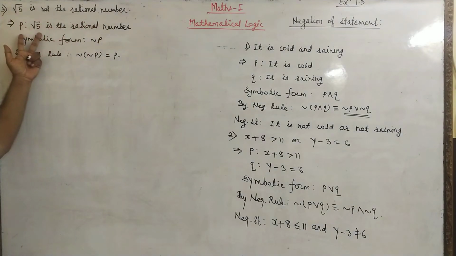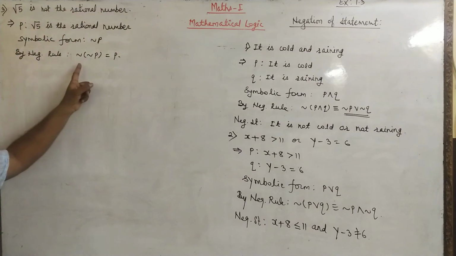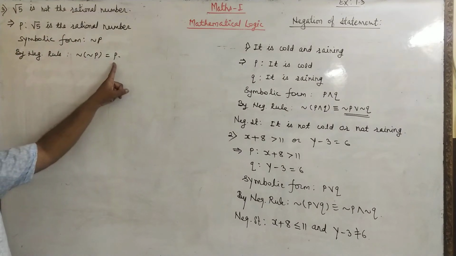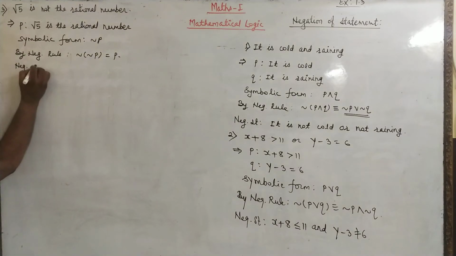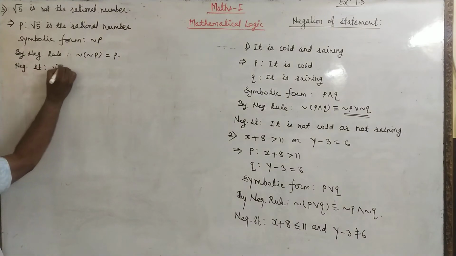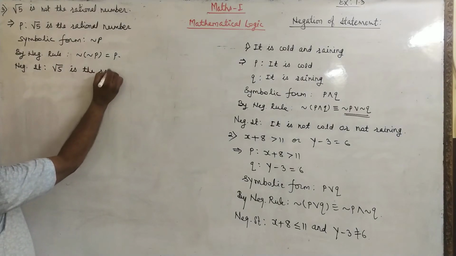We have taken the statement P, root 5 is the rational number. By using rule of negation, we will get the simplification P. It means negation statement is root 5 is the rational number.